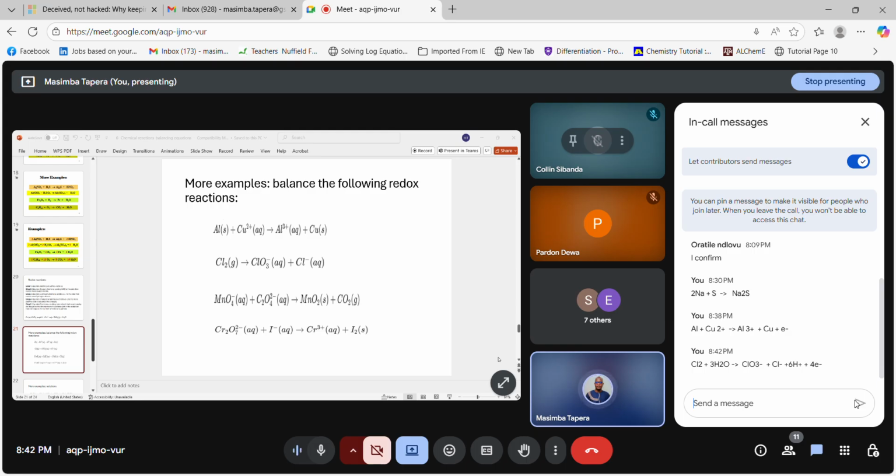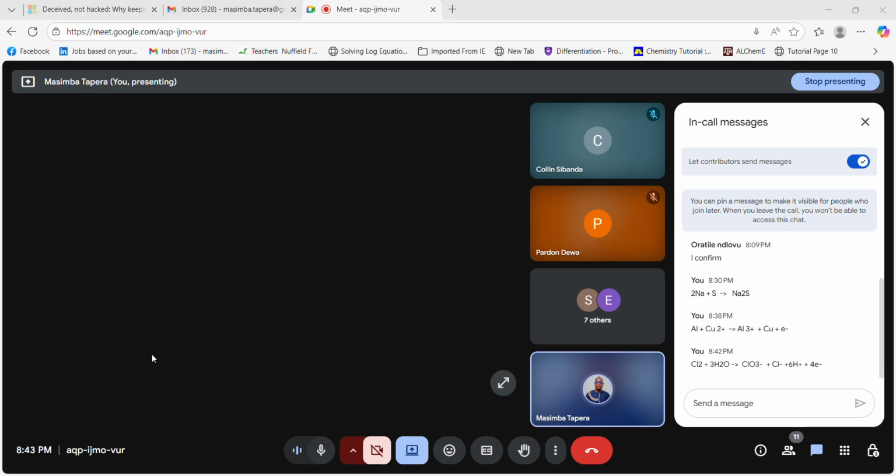So this is basically how you balance redox reactions. And you will try to attempt this equation and this equation, and I think I also have some more equations for you to balance.